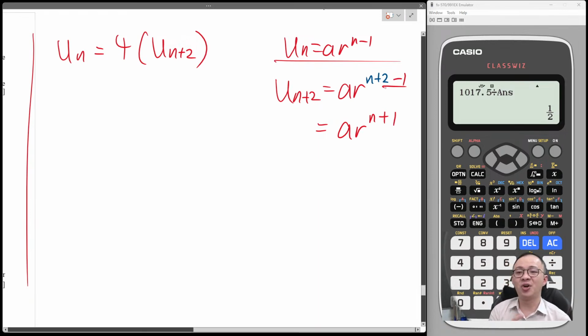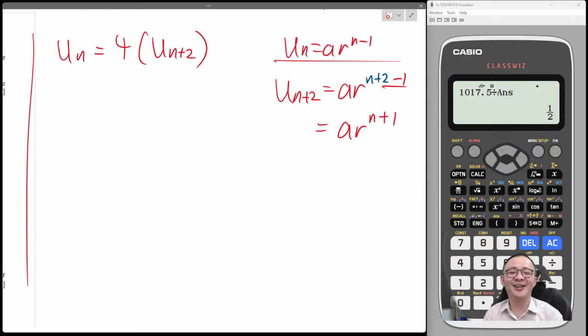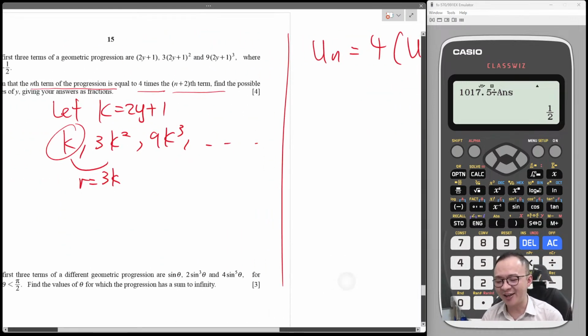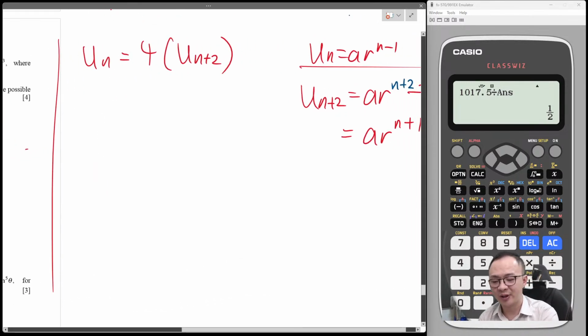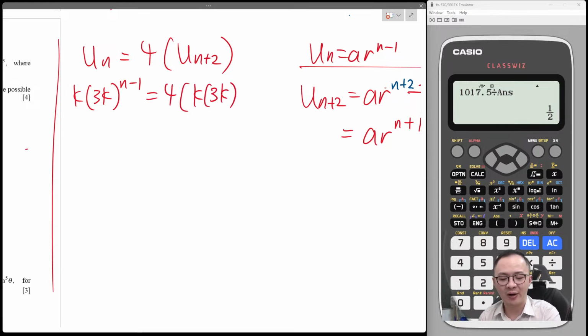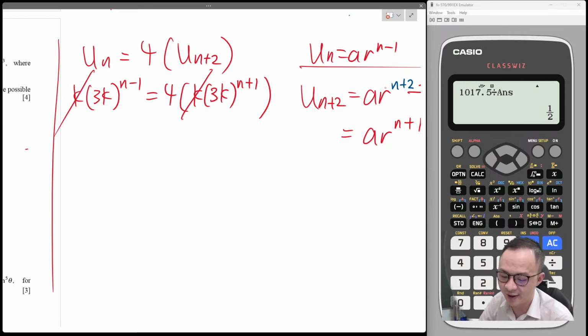Because I will straight away do this. If you don't get it, then you will be quite suffering. See what I'm doing here. My a is k, my r is 3k. So k times (3k) to the power of n minus 1 equals 4 times k times (3k) to the power of n plus 1. k and k, I divide them, I don't need so many k.